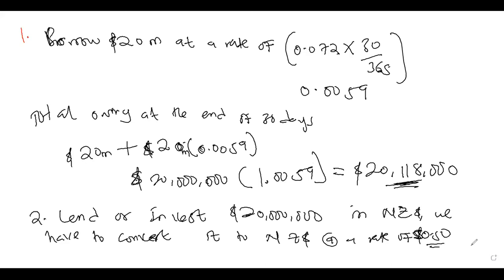Now the question we must ask ourselves is, I have $20 million, okay? The rate is 0.50 US dollars is to 1 New Zealand dollar. How do I convert this? We will have to divide.